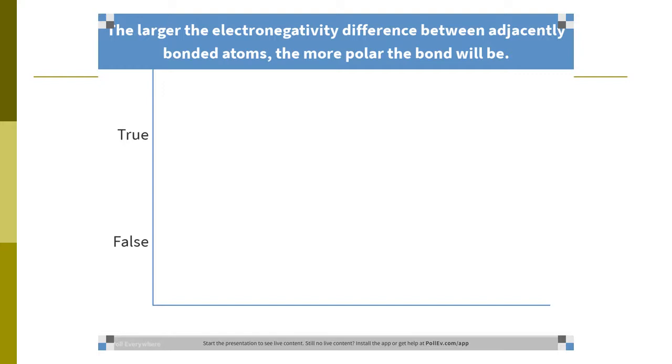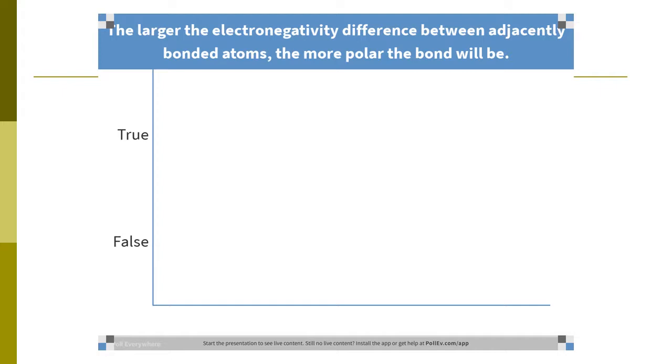All right, so a little question for you towards the end of this section. This one says the larger the electronegativity difference between adjacently bonded atoms, the more polar the bond will be. Okay, so on this one, we're saying the larger the electronegativity difference, so the more the difference is between how much the atoms like the electrons, the more polar the bond will be.